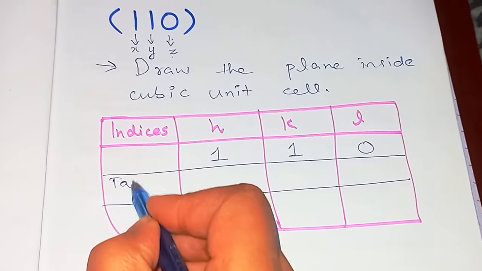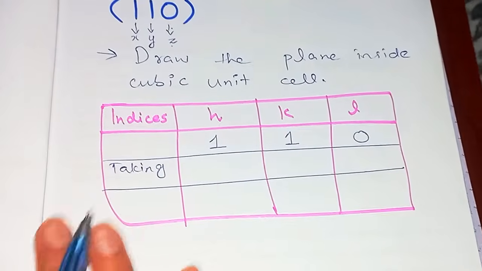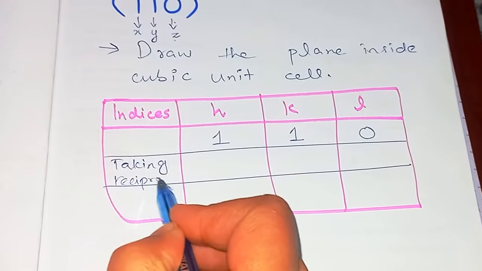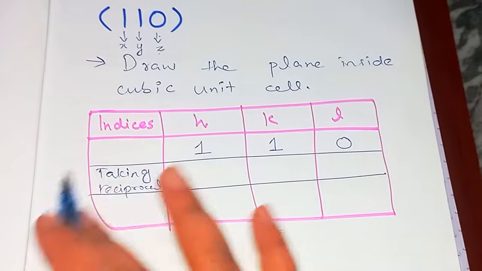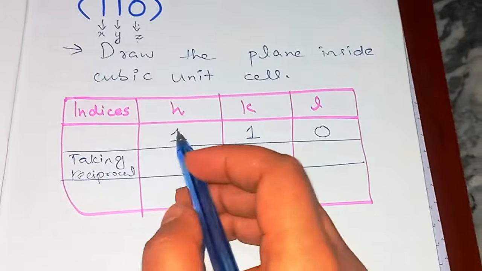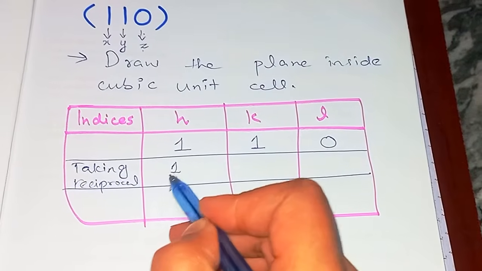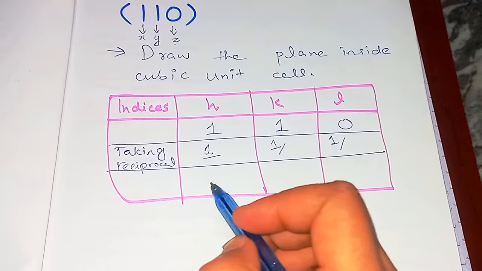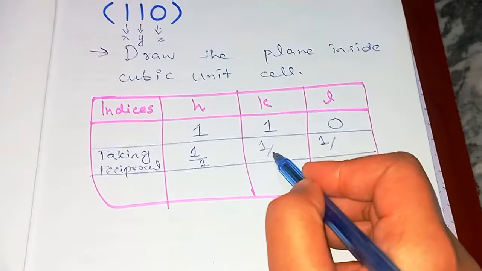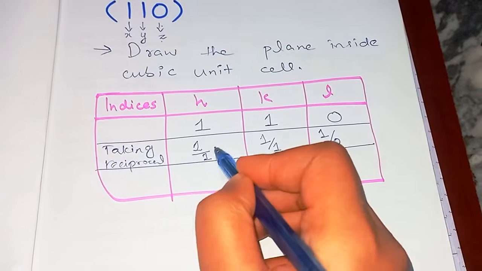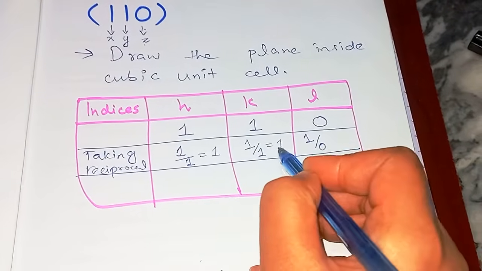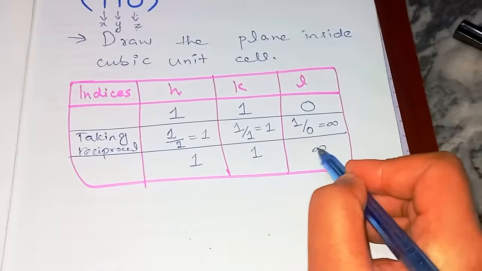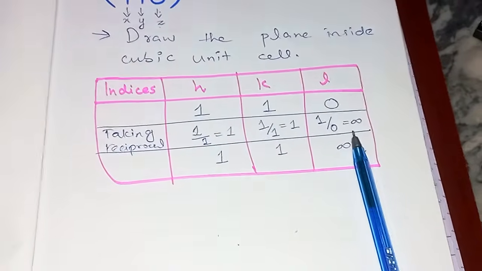We'll apply a single operation, which is taking the reciprocal, on the indices in order to get the intercepts. So 1 divided by 1, 1 divided by 1, 1 divided by 0, that is equal to 1, 1, and infinity. These are actually the intercepts.